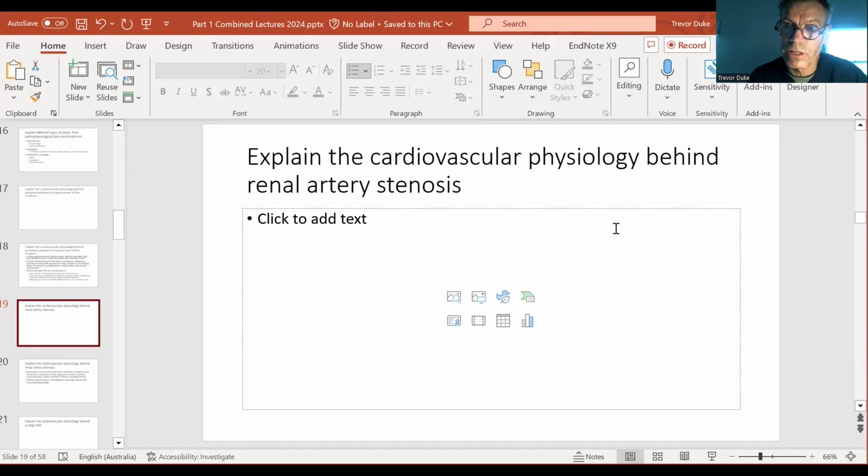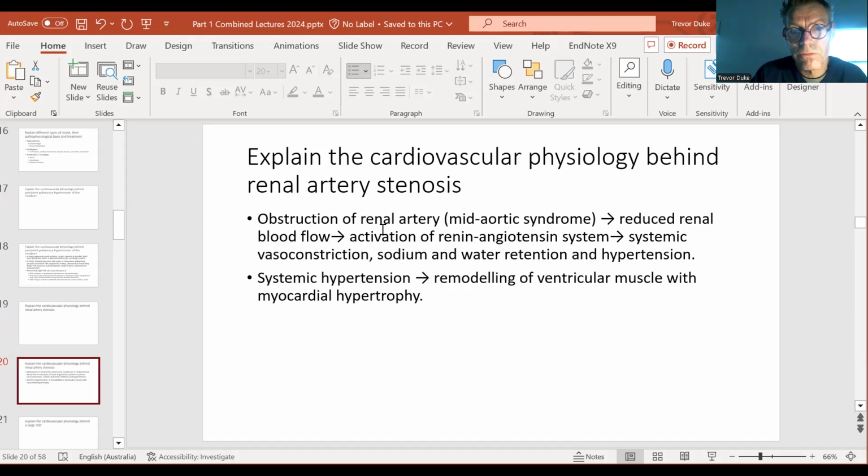It's one of the differential diagnoses of essential hypertension or a severe hypertension or a hypertensive encephalopathy. And so it's the reason to understand the cardiovascular physiology behind renal artery stenosis. It helps us understand about renal blood flow, and it helps us understand about the response of the kidneys to poor renal blood flow.